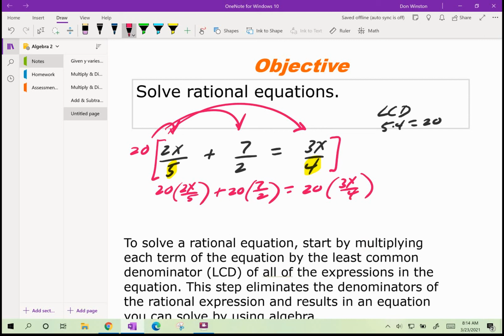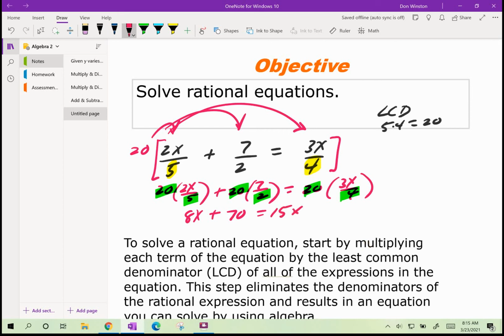So I'll divide and then multiply, and you'll see I'll get rid of the denominator. 20 divided by 5 is 4, and 4 times 2x is 8x. Plus 20 divided by 2 is 10, and 10 times 7 is 70. And finally, 20 divided by 4 is 5, and 5 times 3x is 15x.